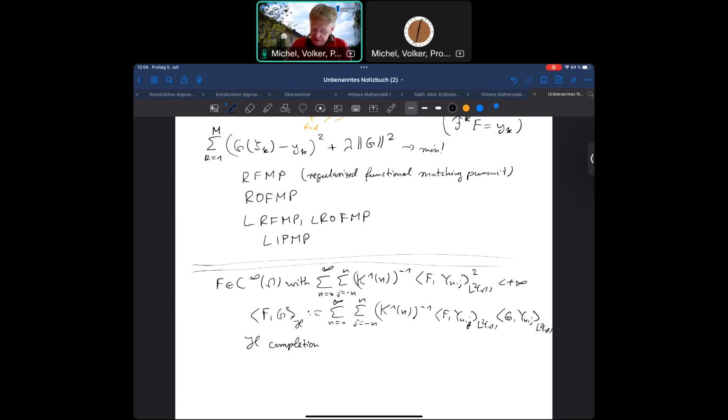And this Hilbert space is called a Sobolev space. If you know Sobolev spaces from other contexts, you might not necessarily recognize it, but they're nevertheless closely related to each other.